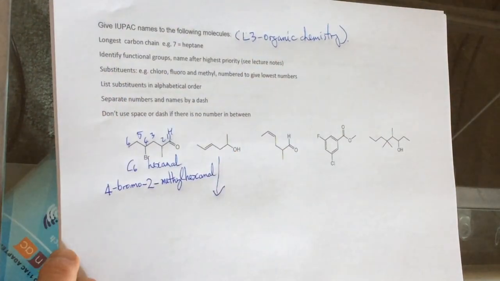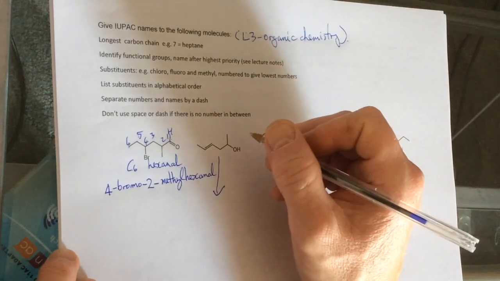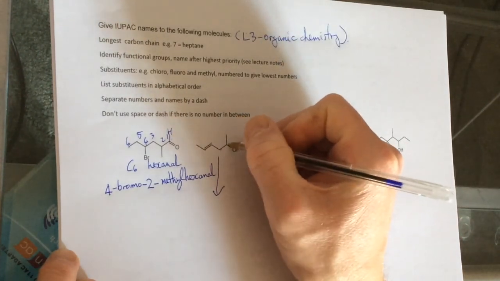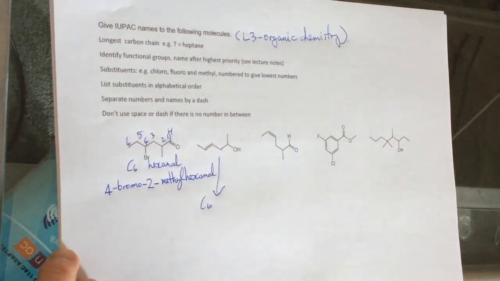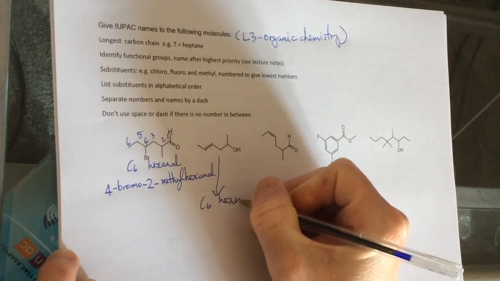So we'll do that down here. So here we've got an alcohol and an alkene, and the longest chain is 1, 2, 3, 4, 5, 6 again. So it's C6. And alcohol is a higher priority than alkene, so it would be named as a hexenol.